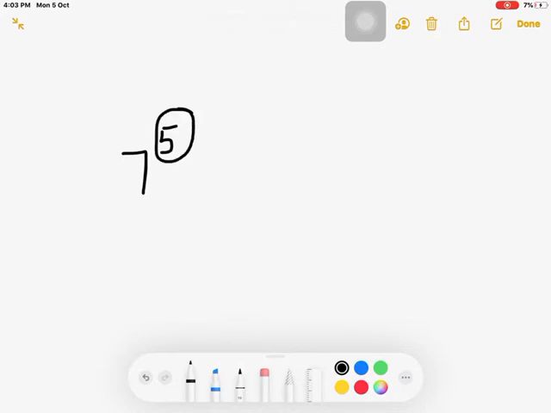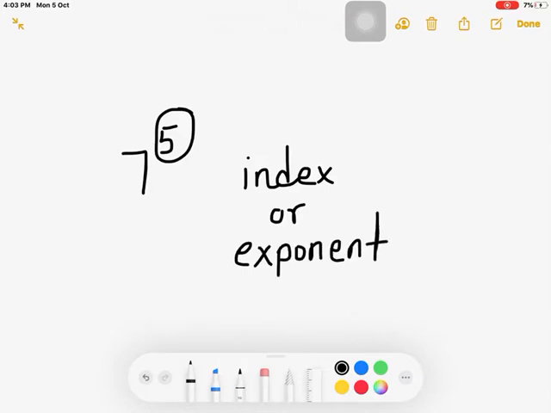It is also called index or exponent. Understood what we call it? It is also called the index or the exponent.